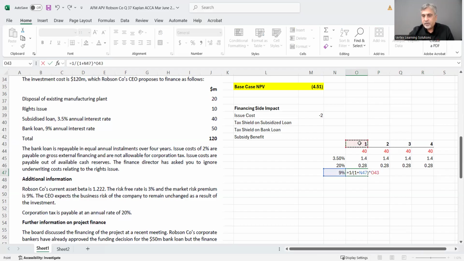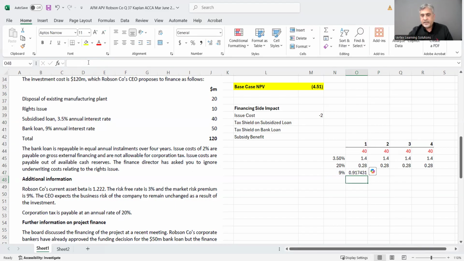And this 9%, I will lock here with F4, and then I copy paste it. So this is 0.917, and I'm calculating the discount factors. Now, this is the tax benefit, and this is the present value. So it comes as the PV.